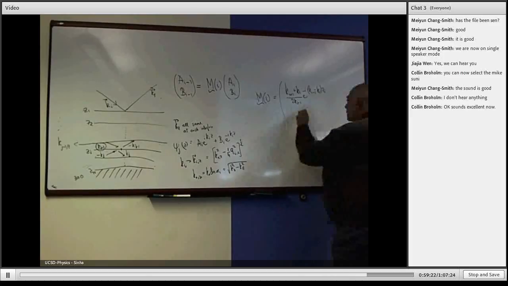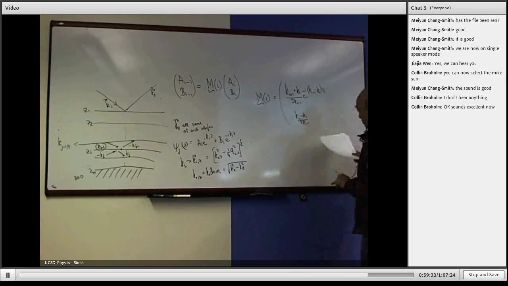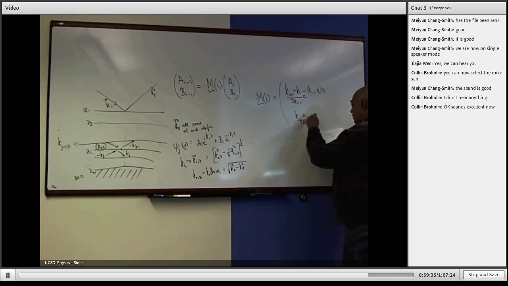It looks very much like the reflectance and transmission coefficients we derived from Fresnel. It is actually based on Fresnel-like theory for this interface.